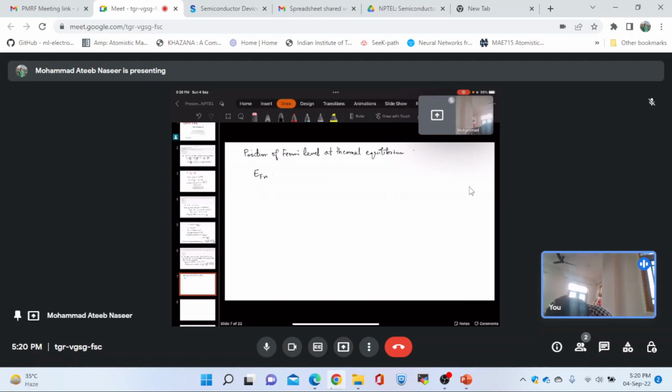It will be EFN minus EI, which is simply KT ln of N naught, the electron concentration, divided by the intrinsic concentration. It will be equal to 0.026 ln of 10 to the power 16 divided by 10 to the power 10. Let me solve it. It will come out to be 0.36 electron volts.